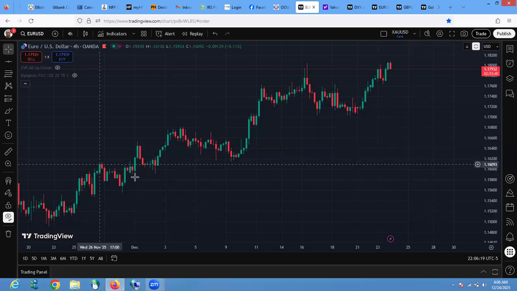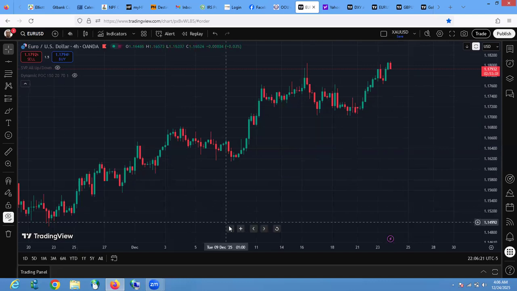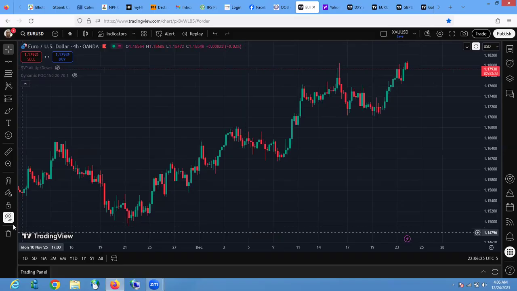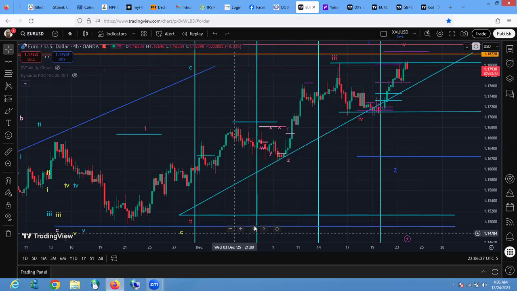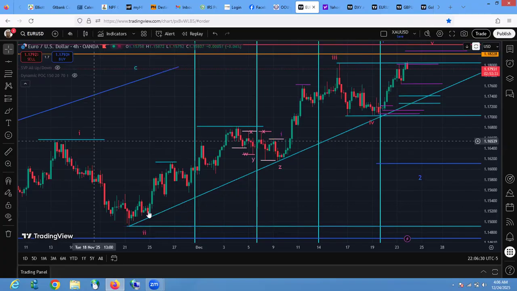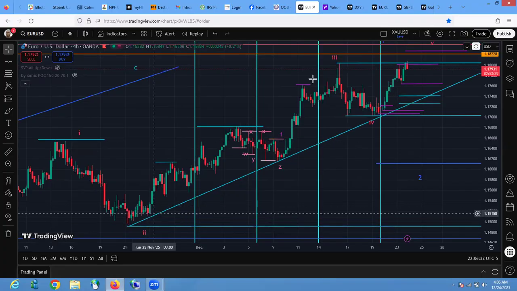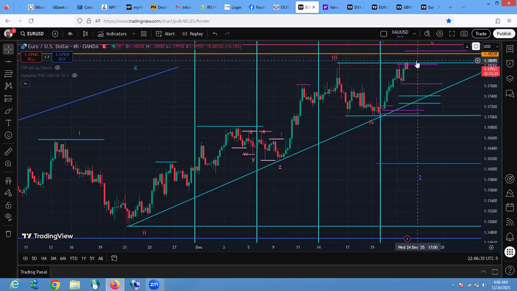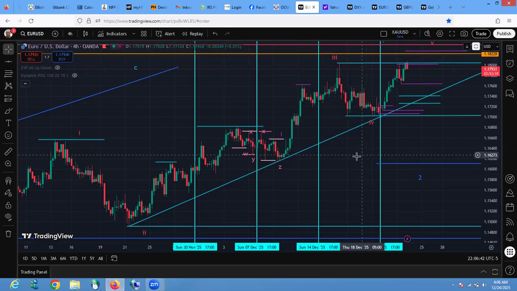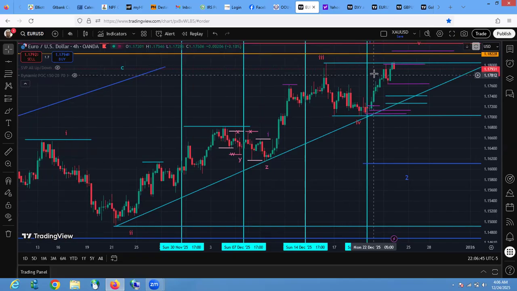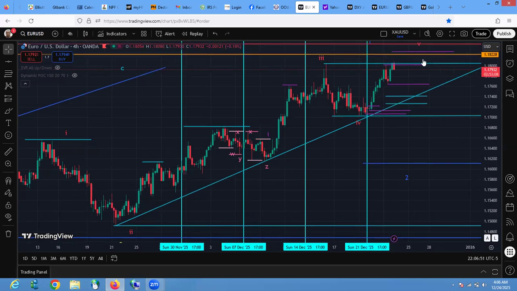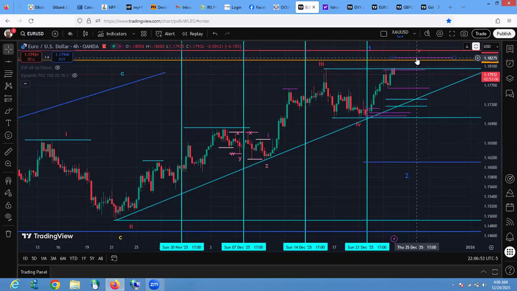If I bring out my drawing for you to see clearly, this is 1 in the red, 2 in the red, 3 in the red, 4 in the red, and 5 in the red, which may finish soon. This is the area I expect it to get to, around between 18 to 28, or around this area.